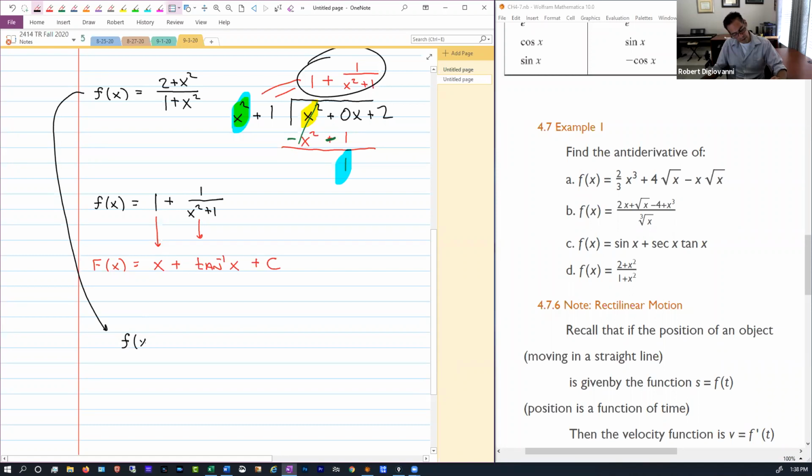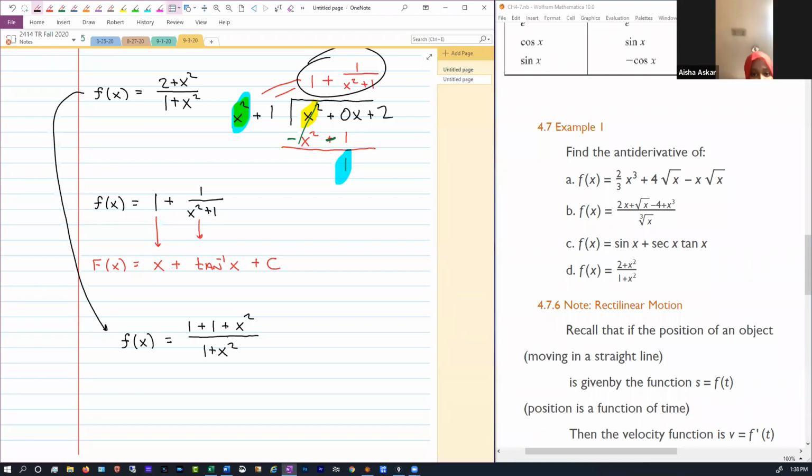I'm going to start at the beginning. What I'm going to do is be really tricky. I'm going to write 1 plus x squared over 1 plus x squared. Aisha, I think, suggested that we split the 2 into a 1 plus 1 earlier. If you would have done that in the beginning, like I just did, then check this out.